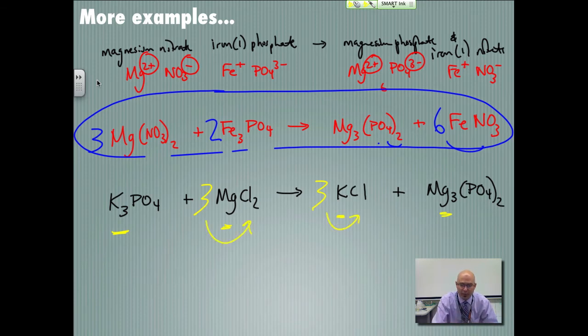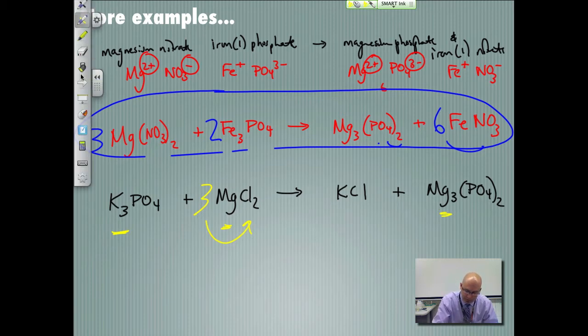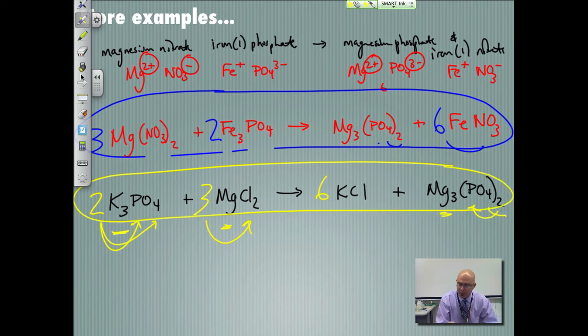I only have 3 here, so I need to make that adjustment and have 6 chlorines. But that just changed my potassium, so I should fix that right away. So now I have 6 potassiums. Now let me do my phosphoruses. 2, those are good, and 8 oxygens, I'm good, and there would be the balanced equation for that reaction.